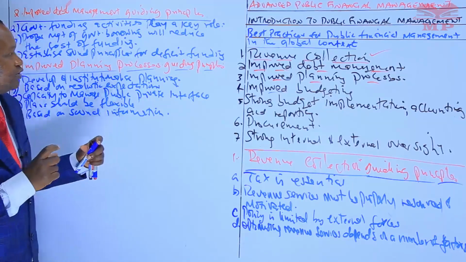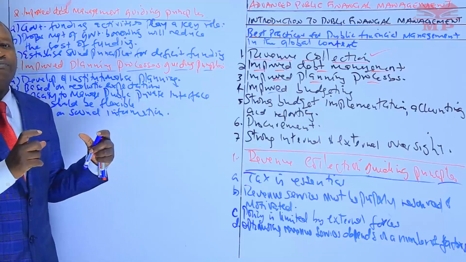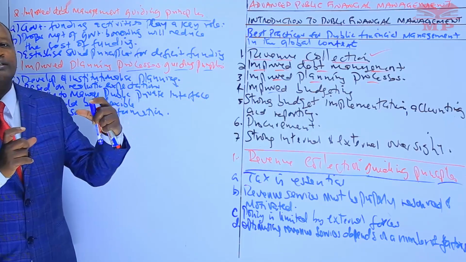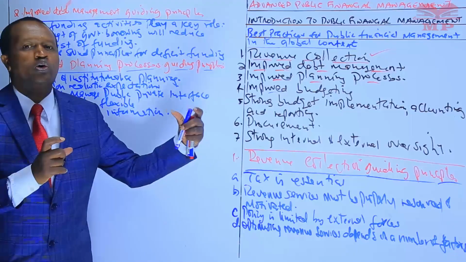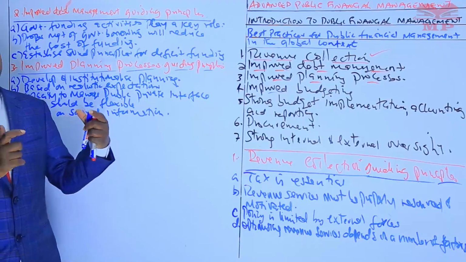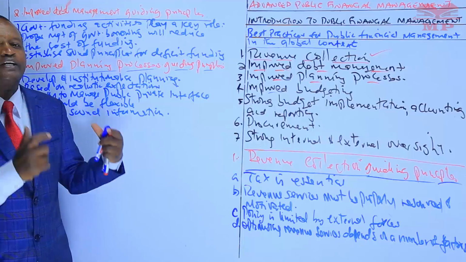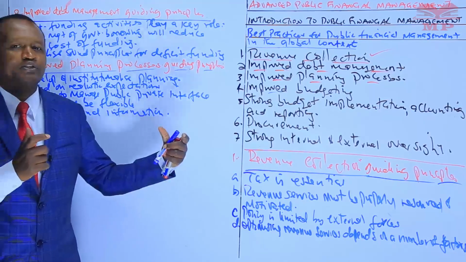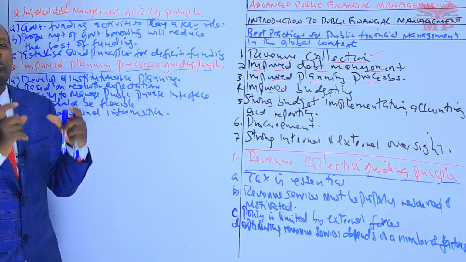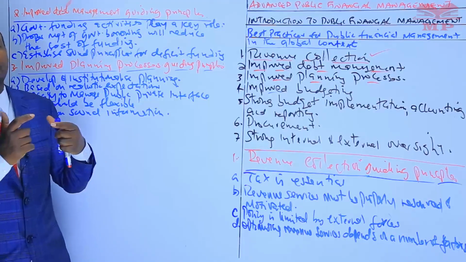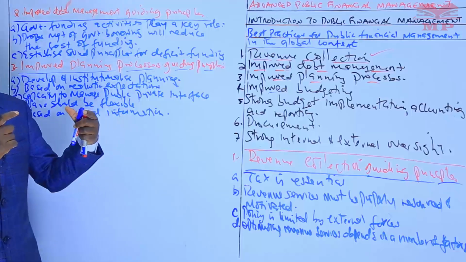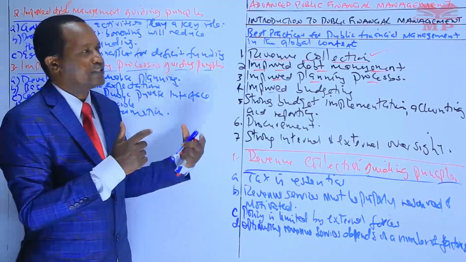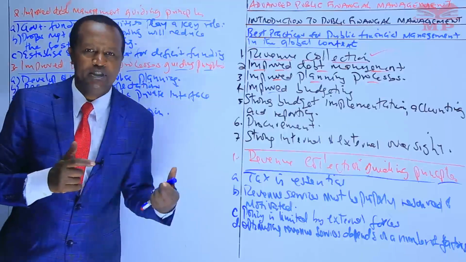Another point here, or best practice, is lengthening the time horizon. Candidates, we know this requires bringing other stakeholders on board, because successful public financial management reform, which results in a bigger impact for the society as a whole, usually requires implementation over a period that extends beyond the life of the democratically elected parliament.